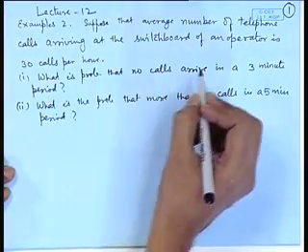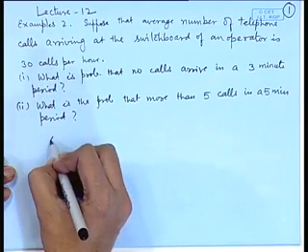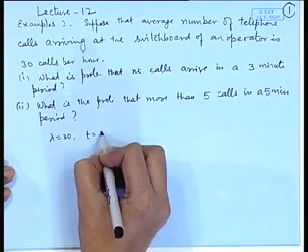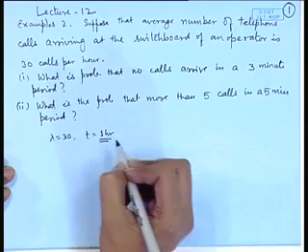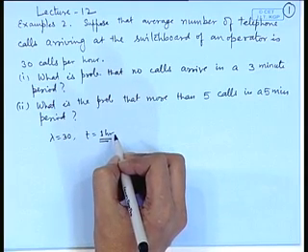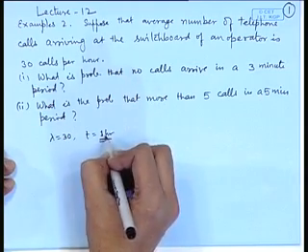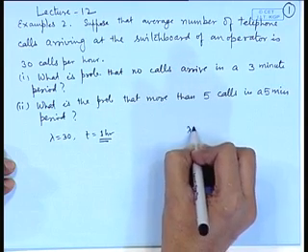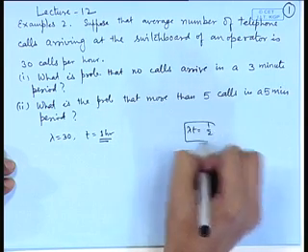So, here if we see, lambda is equal to 30 and t is equal to 1 hour. If we consider the unit as minute, then in 1 minute lambda t is equal to half.